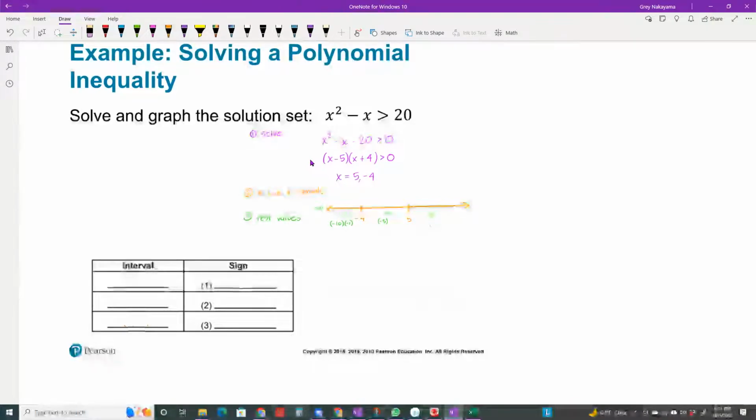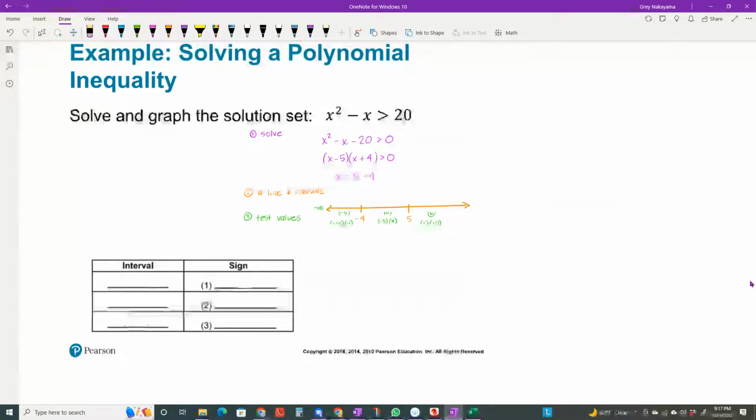The next one, when I choose 0, if I put 0 in the first factor, I get negative 5. If I put 0 in the second factor, I get 4. Then on 6, I chose the test value of 6 over here. When I put 6 minus 5, I get 1. And when I put 6 plus 4, I get 10.